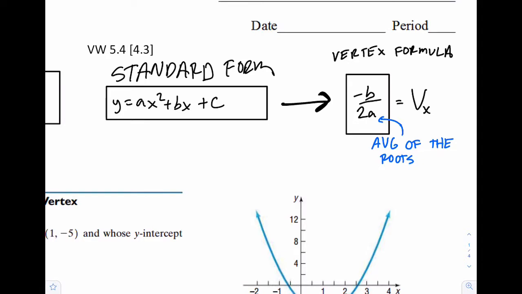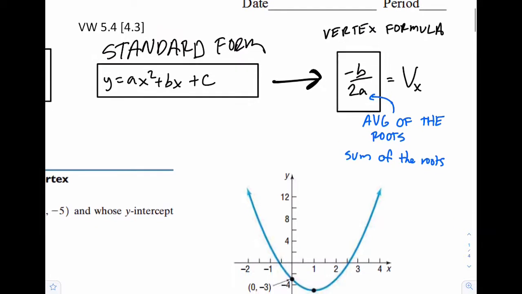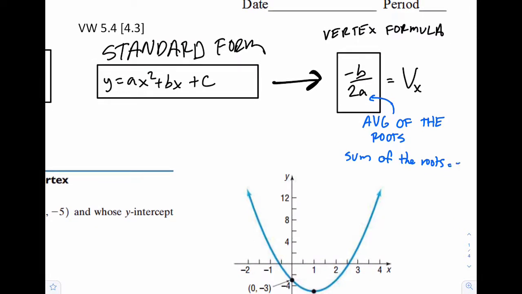Where you might remember from Vieta's formulas, the sum of the roots, that's negative b over a. So a quick crash course on everything we've been talking about.